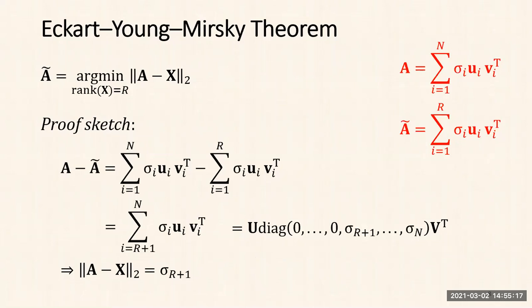And so the L2 norm of the difference will be really small then. So this is a very good approximation. This A tilde, which is of rank R, is a very good approximation of A. And we will see how this is used in image compression.